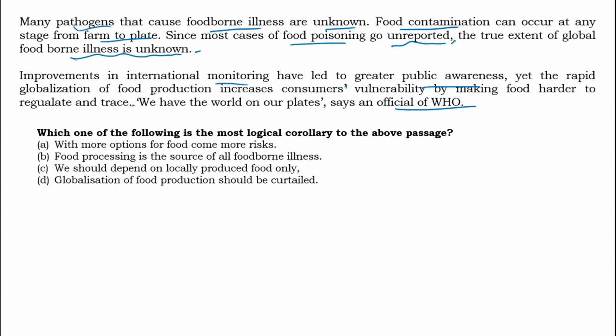Yet, rapid globalization of food production increases consumers' vulnerability by making food harder to regulate and trace. We have the world on our plates, says an official of World Health Organization. So we understand, since we have food on our plate that contains ingredients from around the world, this passage is stressing the foodborne illness and difficulty in regulating it. Right? Let us read the statements now.